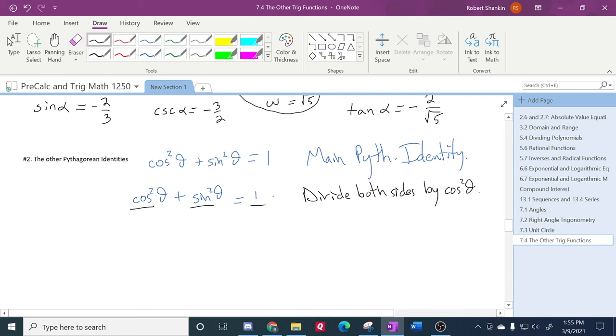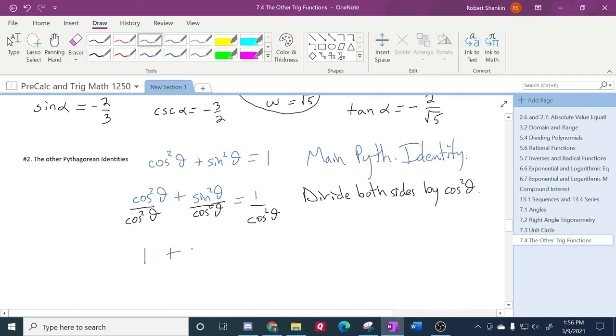When you divide the right side, there's just one term, and so you just put cosine squared theta. When it's more than one term, every single term has to be divided by it. Alright, now let's simplify this. Anything divided by itself is 1.